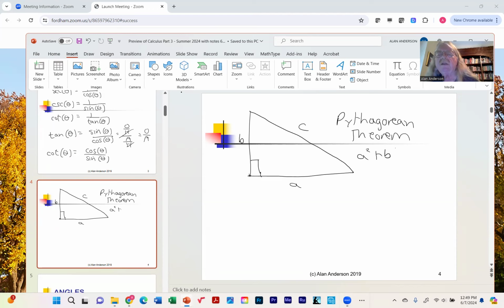As long as A and B are the two sides and C is the hypotenuse, this tells us the relationship between the three sides. And it turns out that when you combine this result with the definitions I just showed you, certain identities pop out.